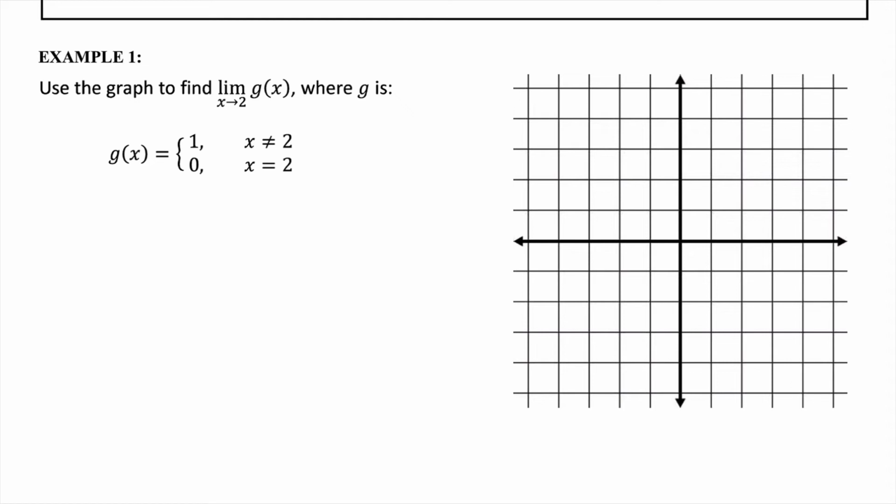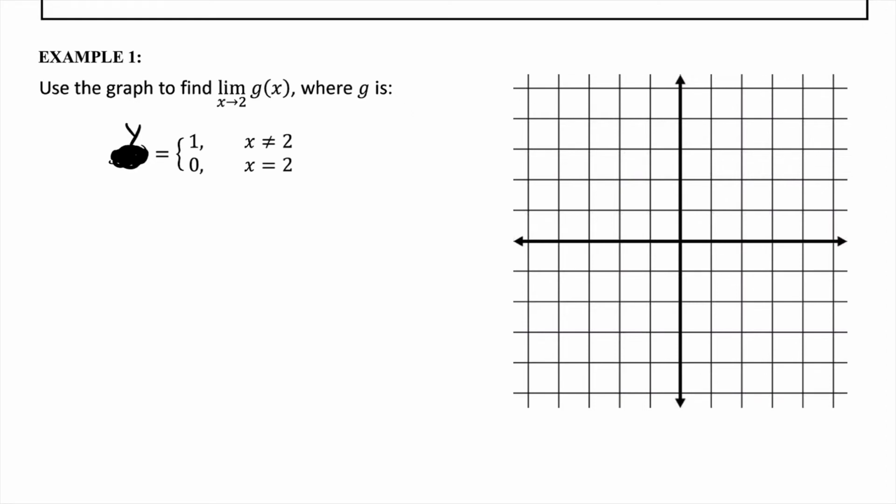So we have to draw that graph. How do I draw a graph where y is always 1 when x is not 2, but when x is 2, it's equal to 0? In other words, we're drawing 2 graphs.